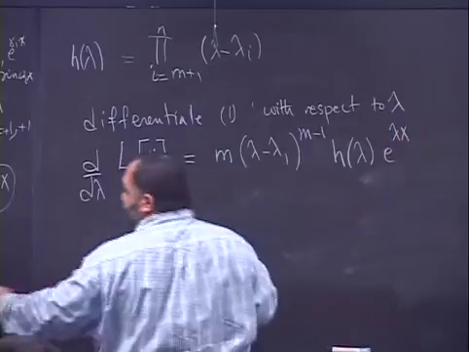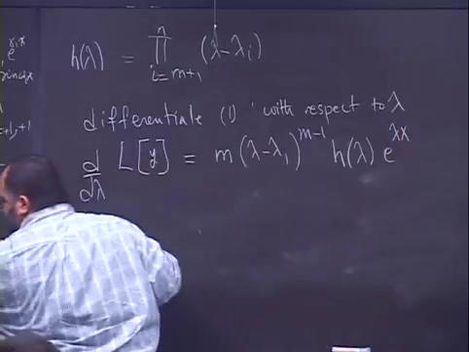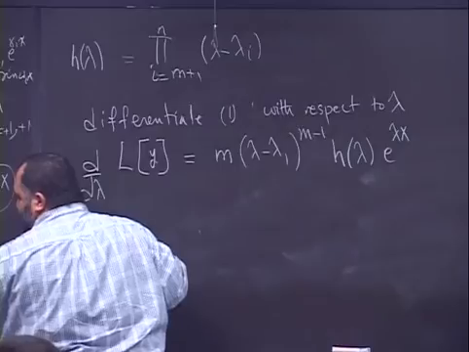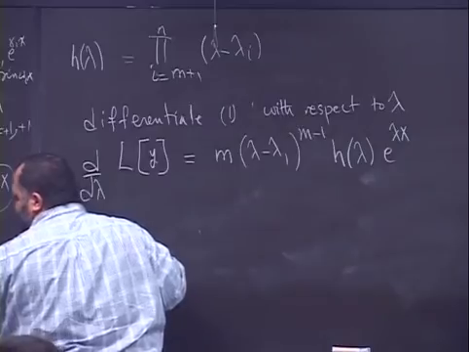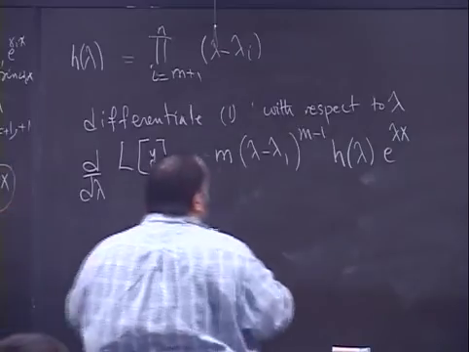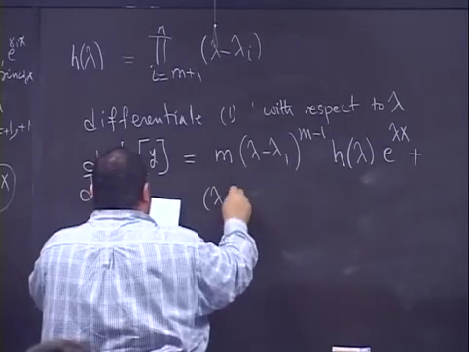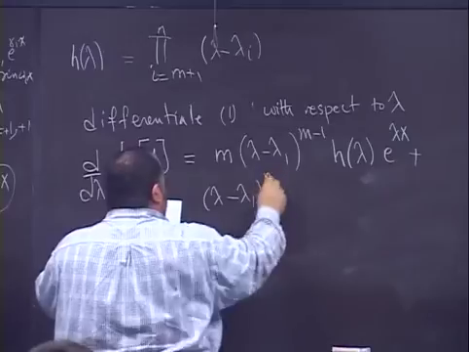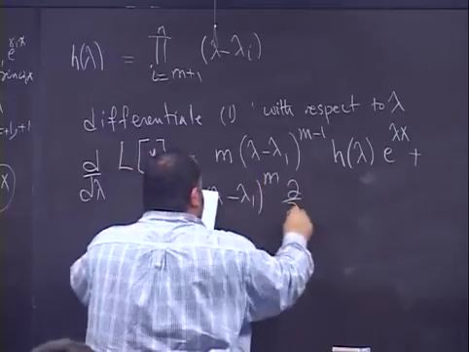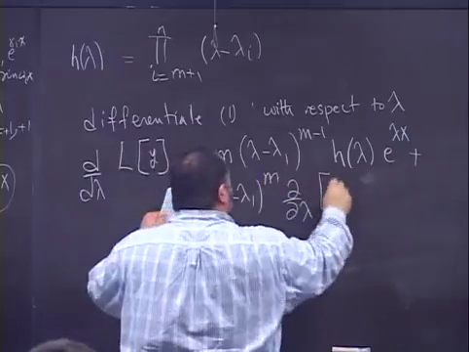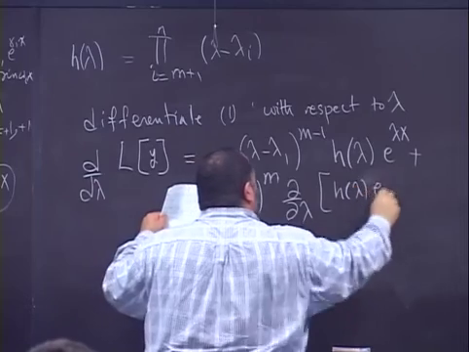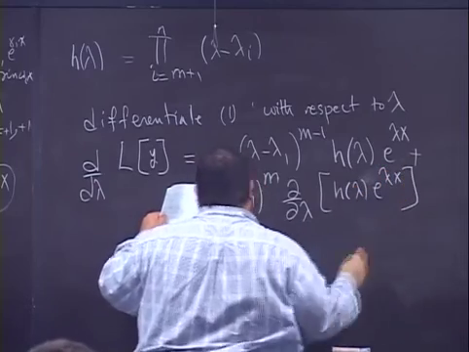You differentiate the first multiplied by the second, then you differentiate the second multiplied by the first. So plus lambda minus lambda 1 to the power of m multiplied by the differentiation of the second, and the second is h of lambda e to the power of lambda x.